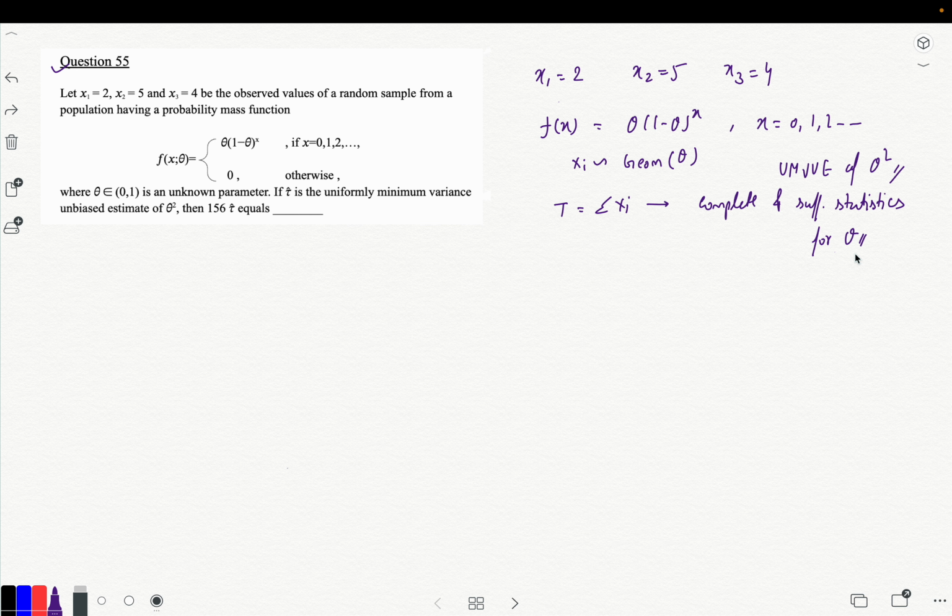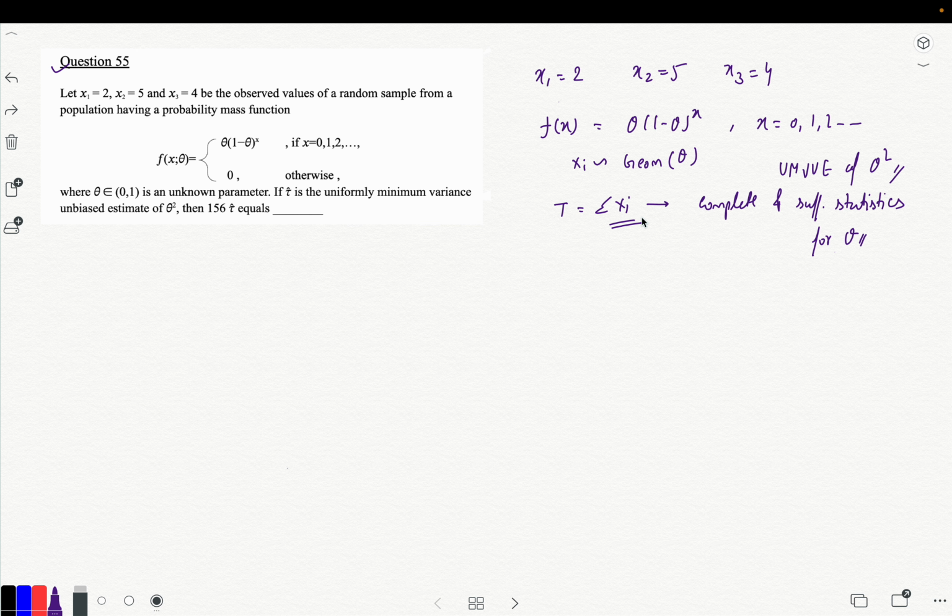T equals summation xi is the complete and sufficient statistics for theta. If you want to check whether this is sufficient and complete, apply the property of completeness, and for the sufficient statistics, firstly you will see whether it is a sufficient statistics or not. For that you can apply the likelihood function, and you will get T equals summation xi, so it is saying that it is your sufficient statistics.